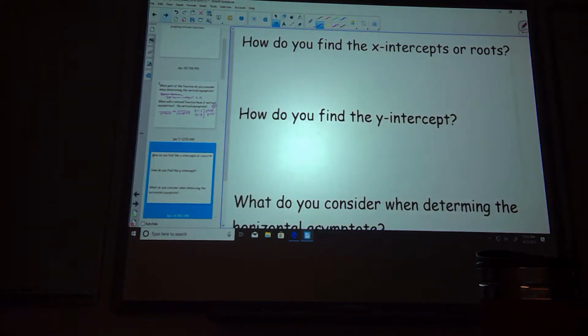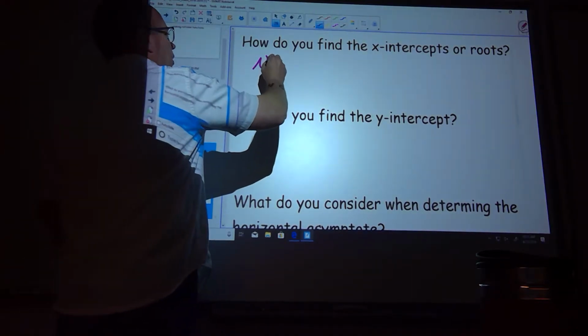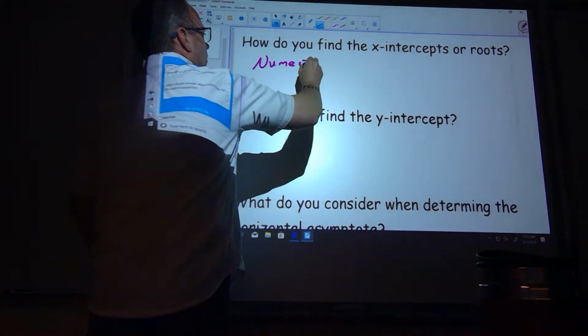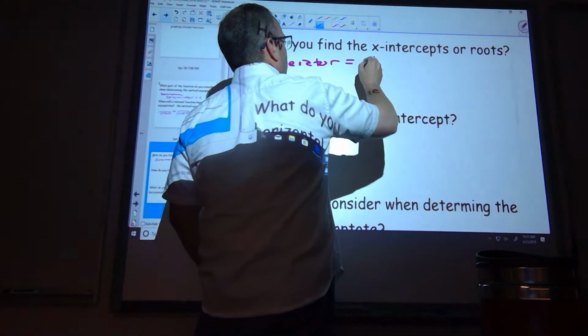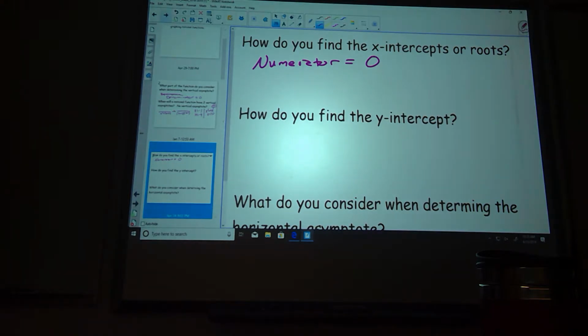Okay, how do you find the x-intercepts or roots? Substitute 0 in for y. Yeah, so use the numerator. It's what makes the numerator equal to 0, right? If things canceled out because you have a hole there, okay, you wouldn't have an x-intercept at that particular spot.